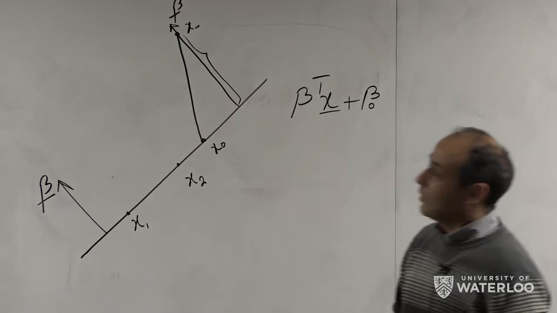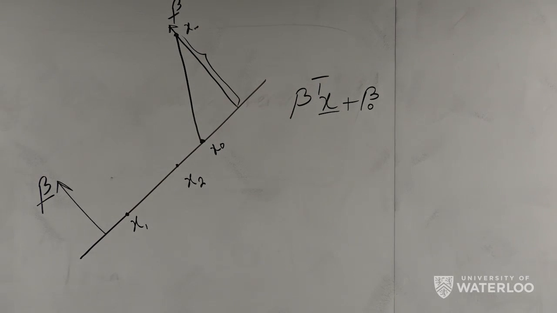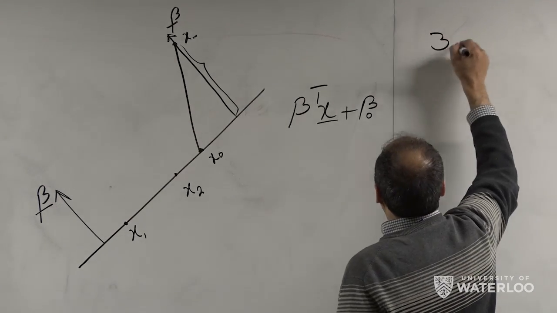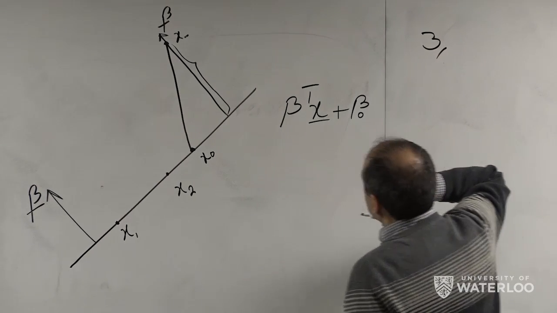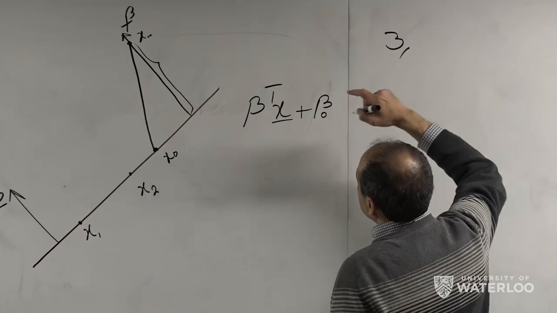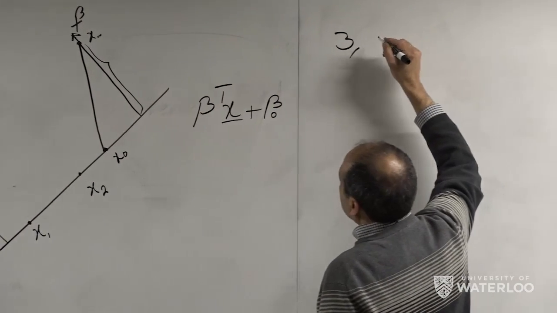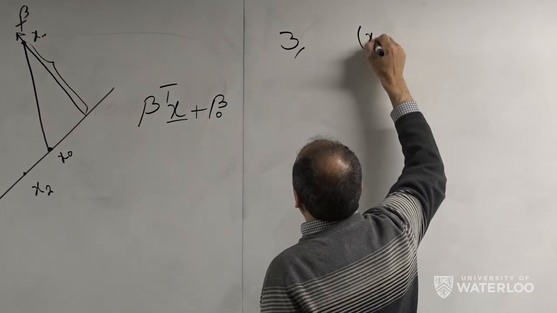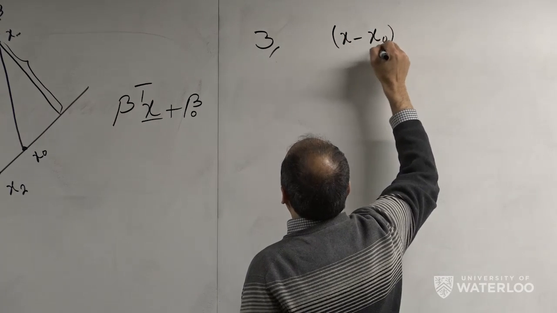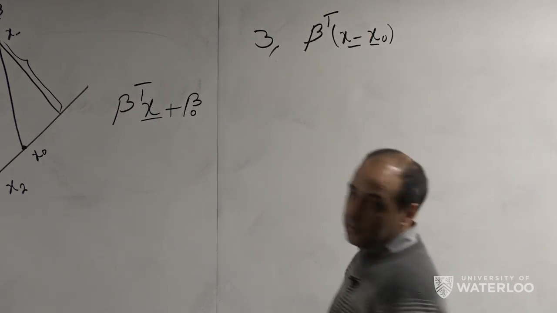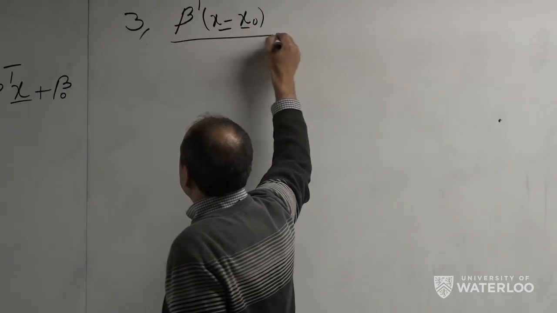That's going to be the distance. We learned this in perceptron. So to compute the distance of x to the hyperplane, I can compute x minus x null projected to the direction of beta. But I need to normalize it as well.